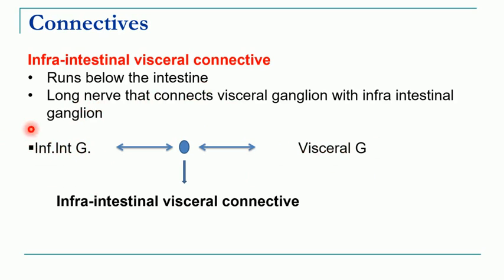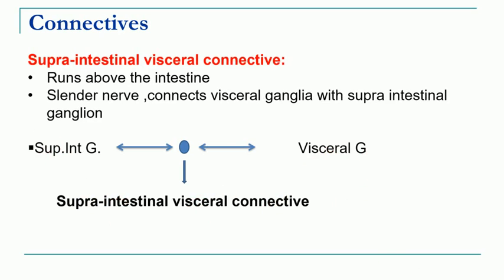Since the infraintestinal is situated above the visceral ganglion, the infraintestinal name comes first before the visceral ganglion. Similarly, we have the supraintestinal visceral connective that connects the supraintestinal ganglion with the visceral ganglion. Now this is also present above the intestine.